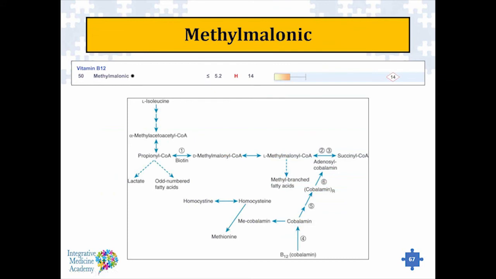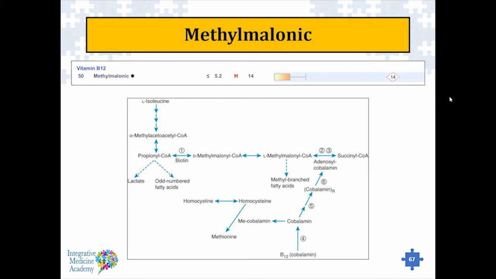Methylmalonic. This is a marker in the nutritional marker section. It has an asterisk next to it, which basically means that when methylmalonic is high, it's indicating a B12 deficiency. Now, the metabolic pathway for B12 is complicated. The metabolic pathway for the production of methylmalonic is also complicated.